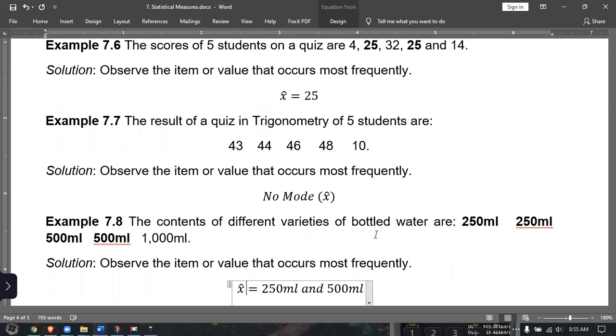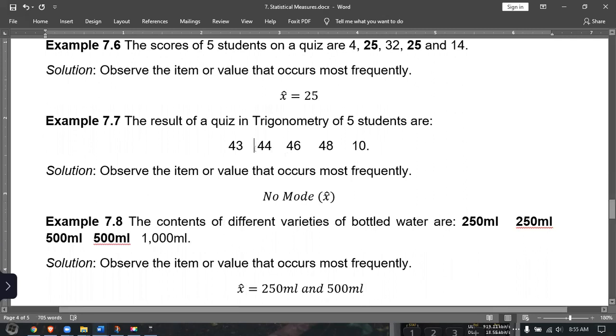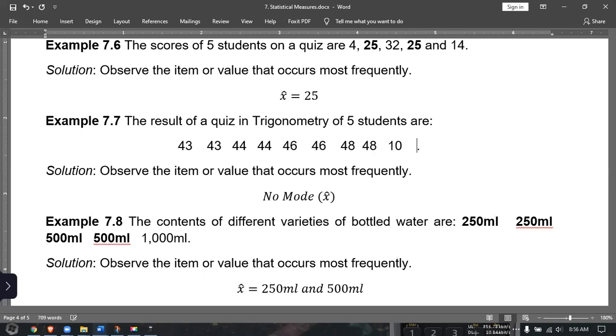And we could have more. For example, if we have 43, another 44, another 46, another 48, another 10, what do you think is our mode?